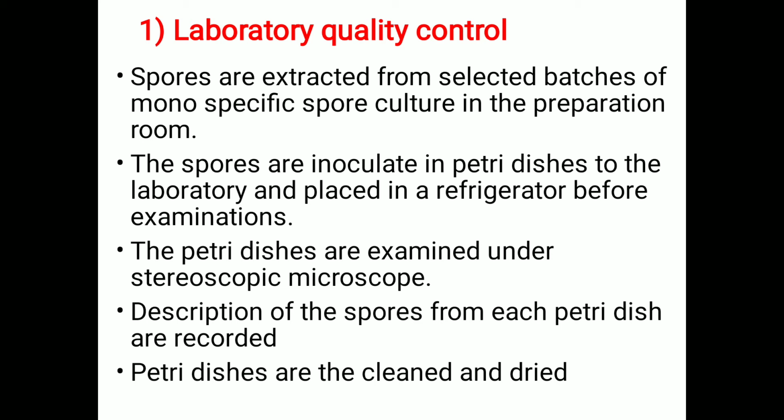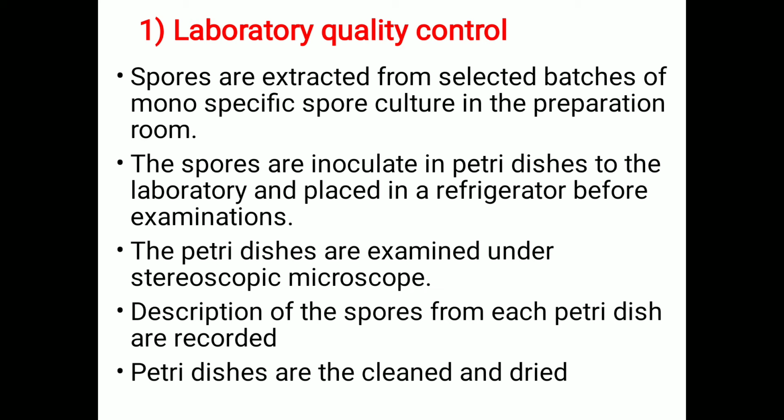So how is quality controlled in the laboratory? In the laboratory, the spores of AMF are extracted from selected batches of monospecific spore culture in the preparation room. Those spores are inoculated into petri dishes in the laboratory and placed in the refrigerator before examination.